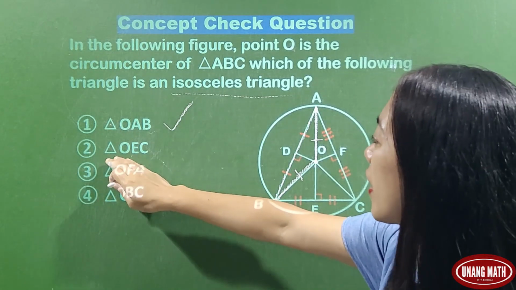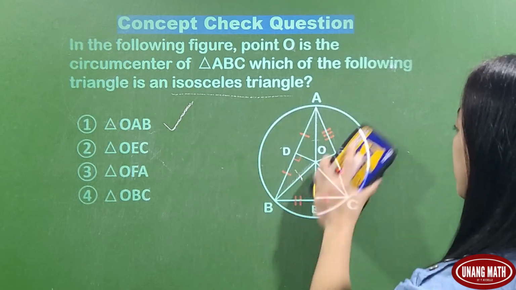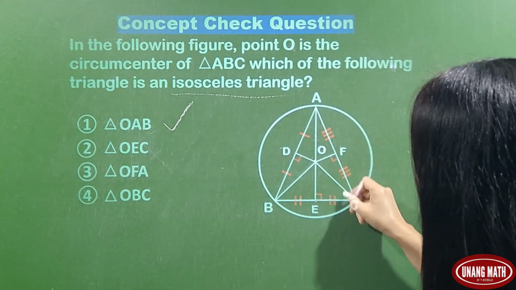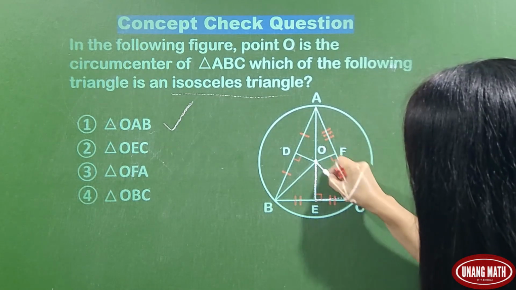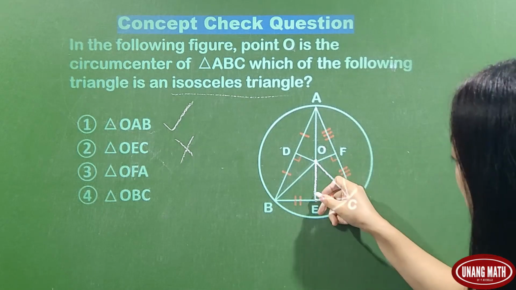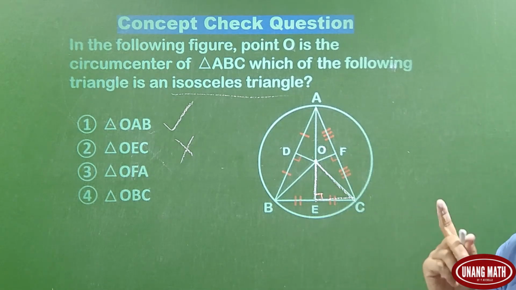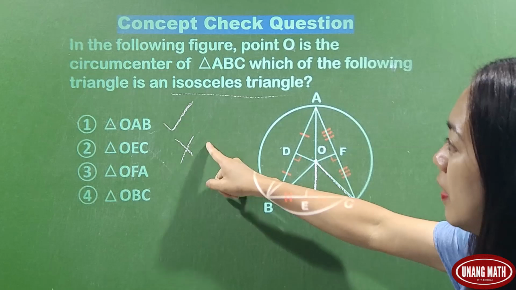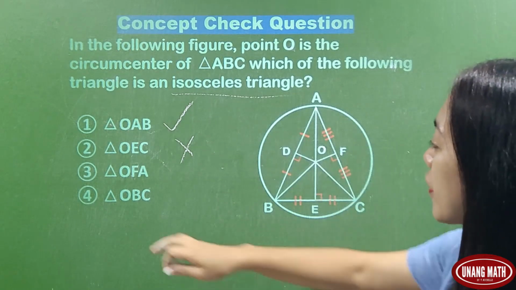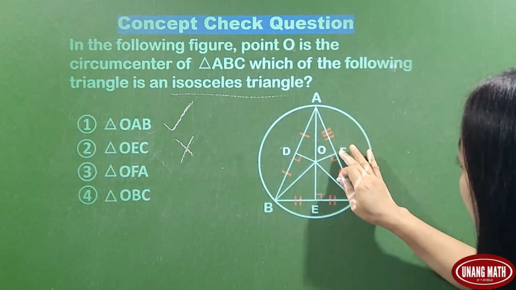What about triangle OEC? This is not an isosceles triangle, but this is a right triangle. So this is not an isosceles. For the third option, we have triangle OFA.